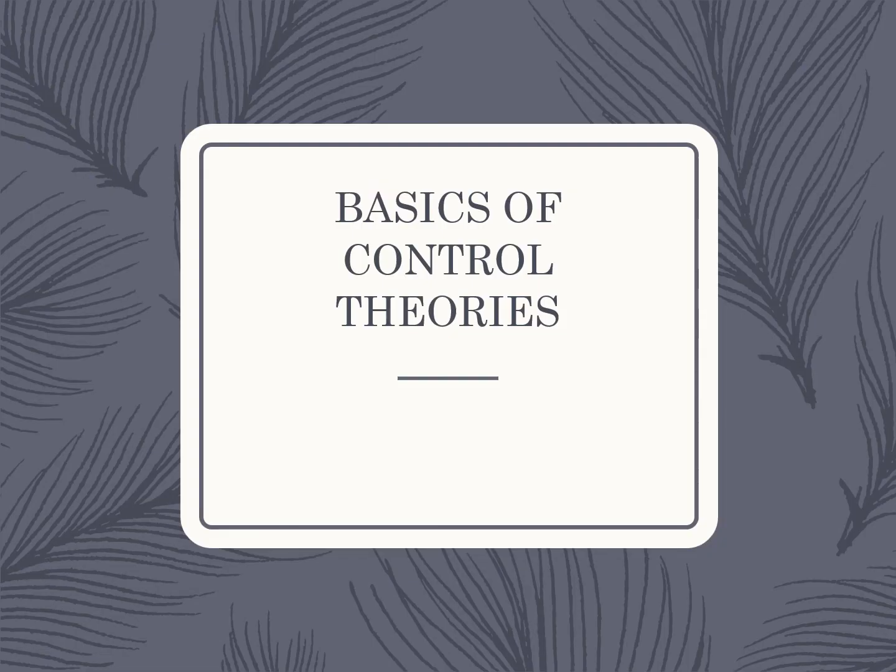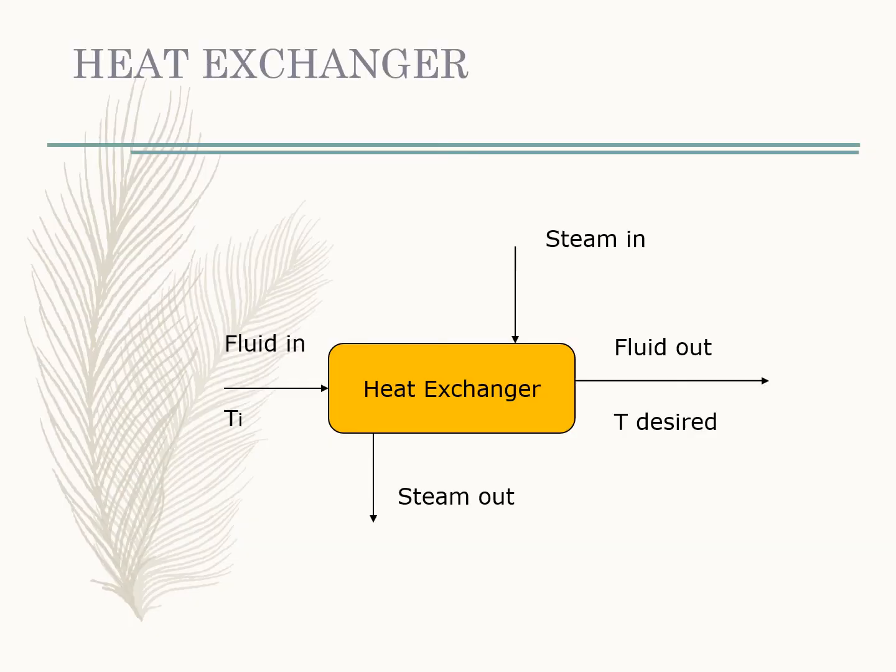Okay, now we move to the basics of control theory. This part you need to really understand. For example, we have a heat exchanger. In the heat exchanger, we have fluid in, steam in, fluid out and steam out. Normally, this fluid in is at a low temperature.